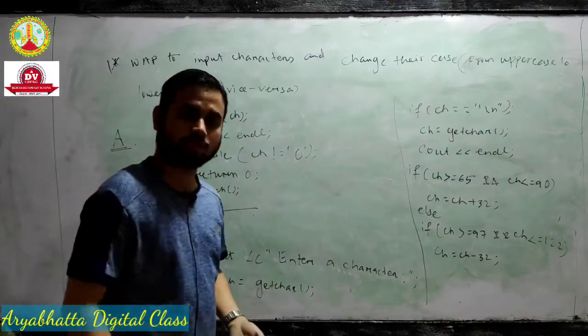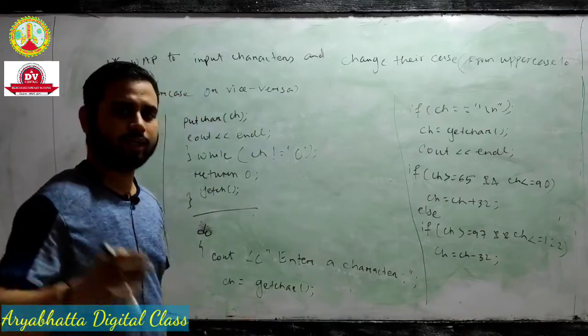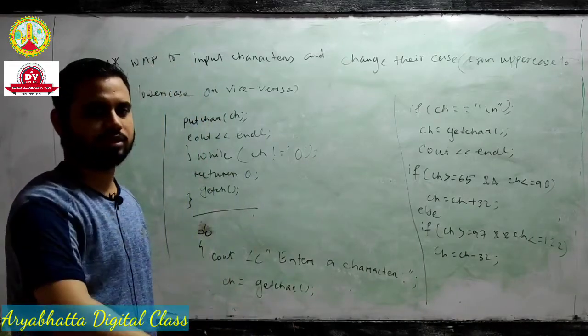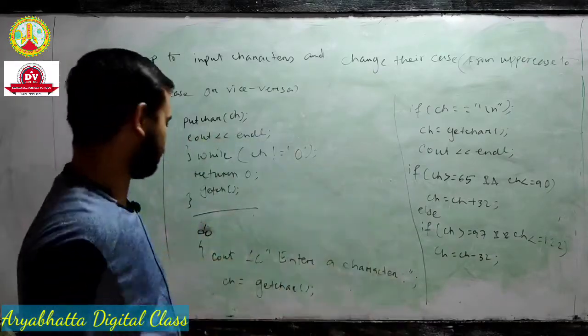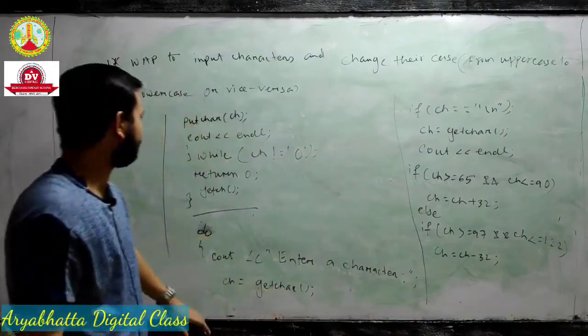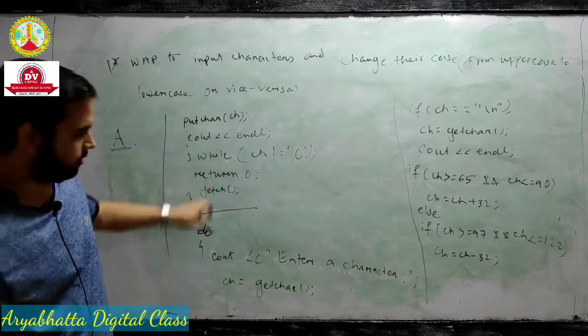What will we study in console input operation? We take input from the input device and we give output to the output device. This is the input function getchar. This is the output function putchar.